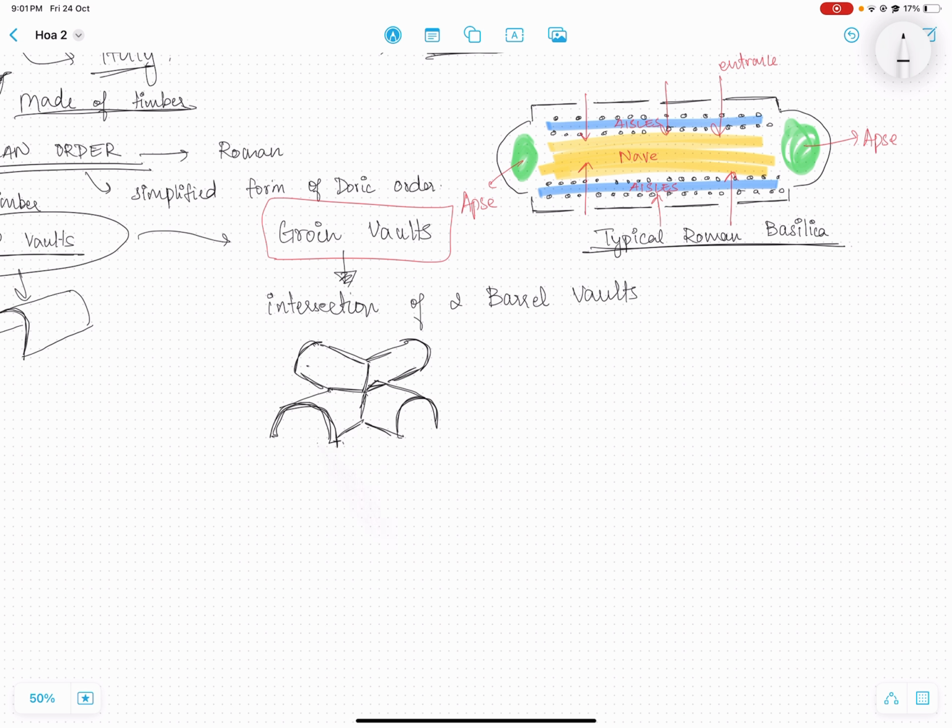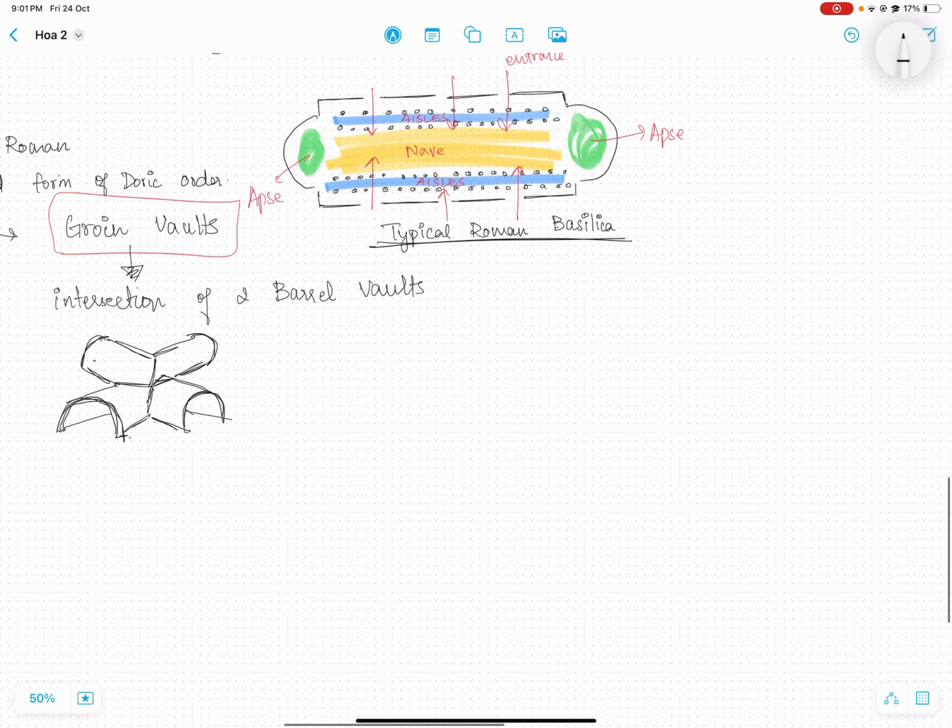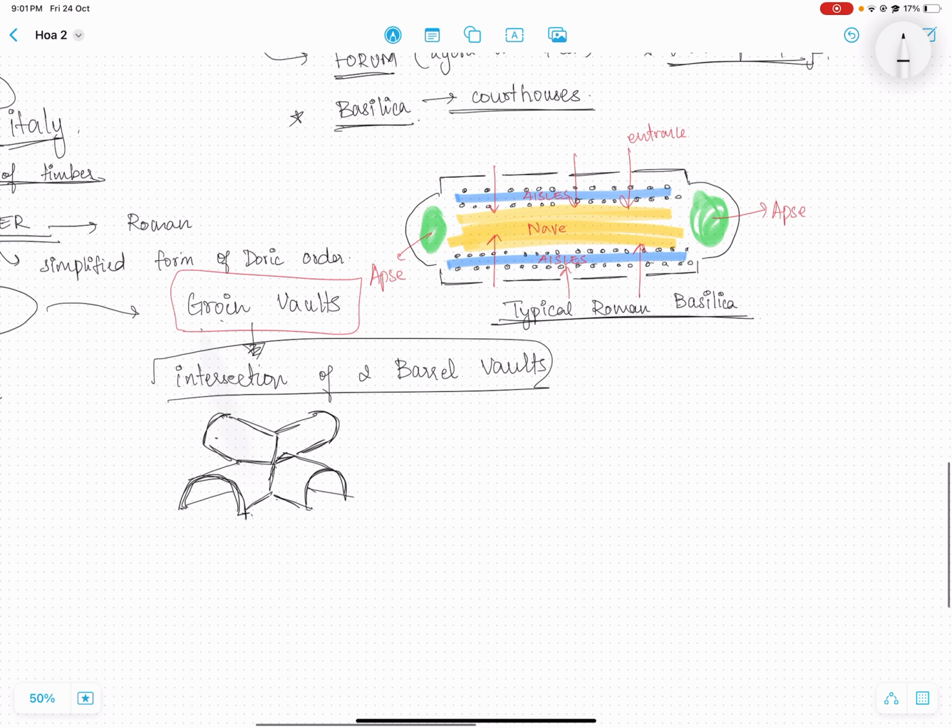This is how it was formed. So the intersection of two barrel walls forms a groin wall, and it was mostly used by the Romans.